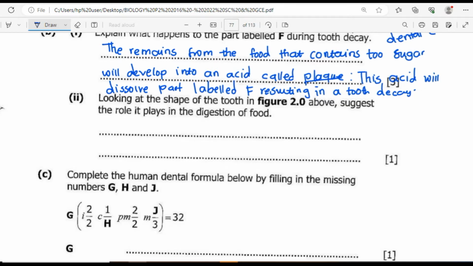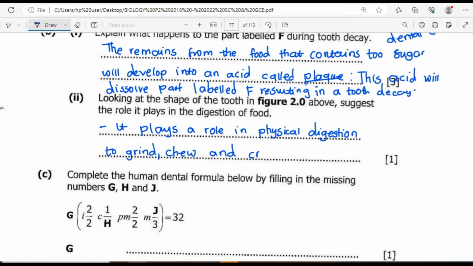So the function, we can say it plays a role in physical digestion: to grind, chew, and crush food.